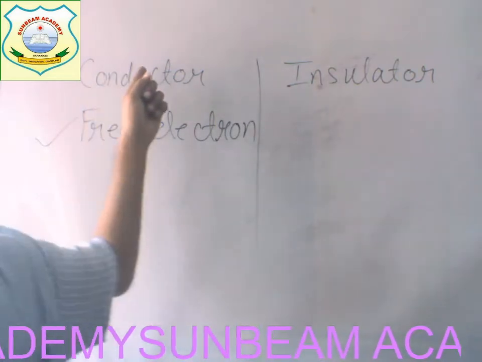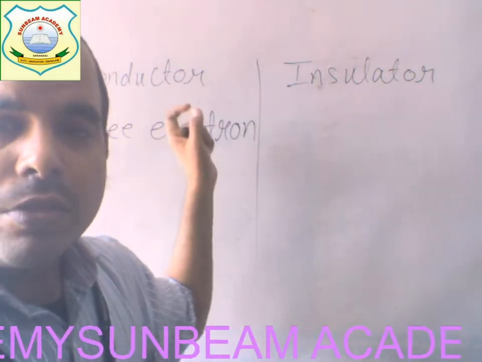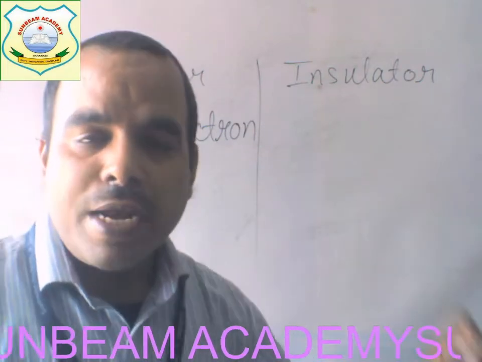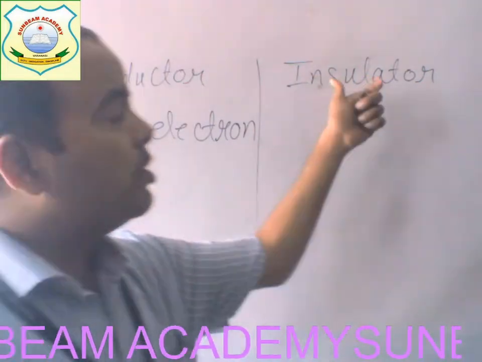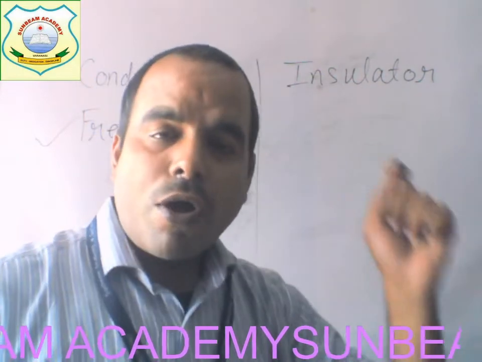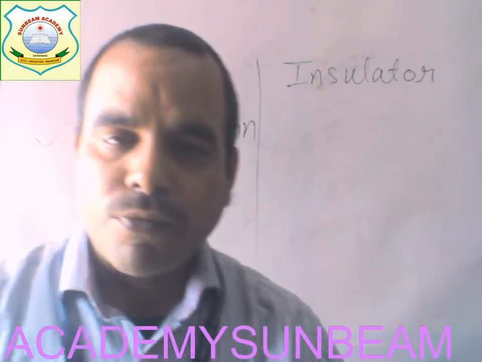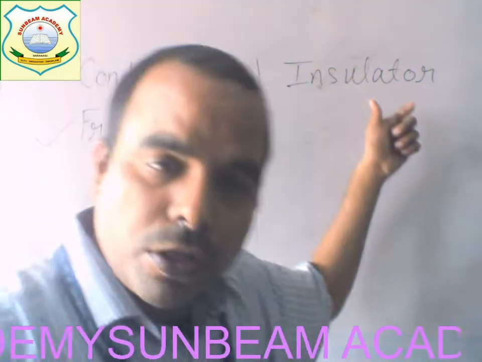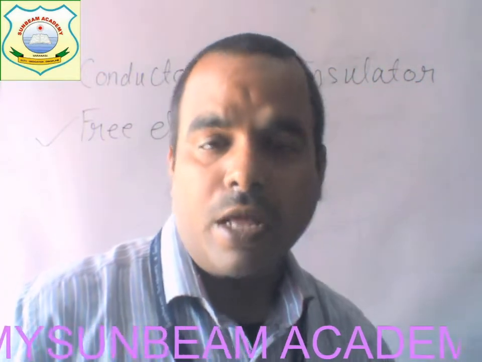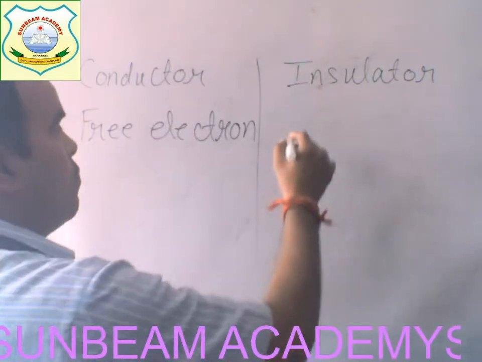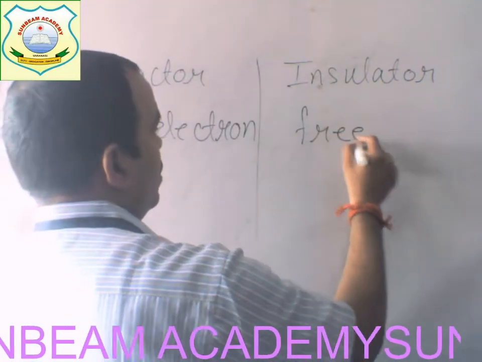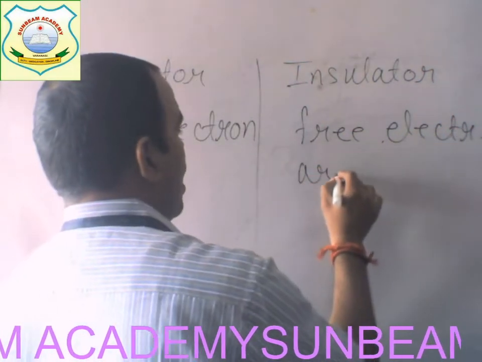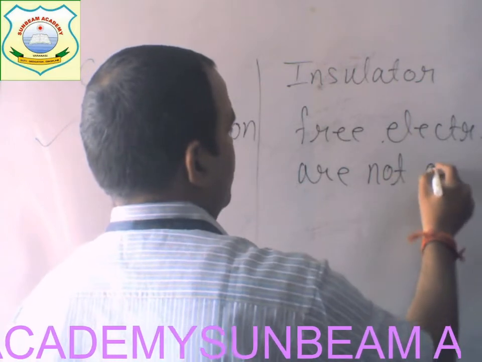Here in a conductor, the free electrons are available to move from one point to another, or from one end to the other. But in an insulator, I repeat again, some students are confused on this point: electrons are also available in an insulator, but free electrons are not available.